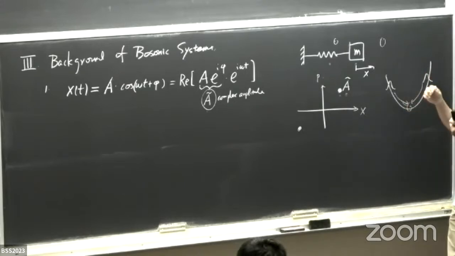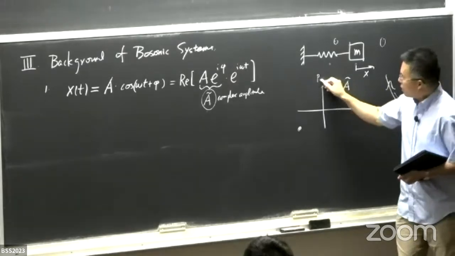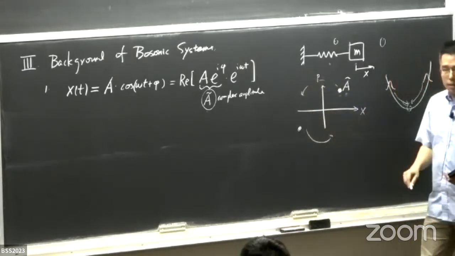Then at half a period, they separate again. The evolution of the cat state corresponds to rotation of the cat in phase space.